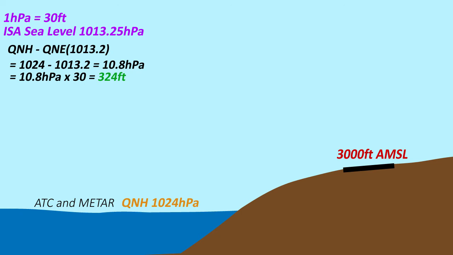Now there is some confusion that may play into the following part, but this is what to do next. Because our QNH is higher than the standard, our aircraft will have more atmosphere at the airfield elevation. In other words, the aircraft will feel like it's at a lower altitude because the pressure is higher, or there are more air molecules where the aircraft is.